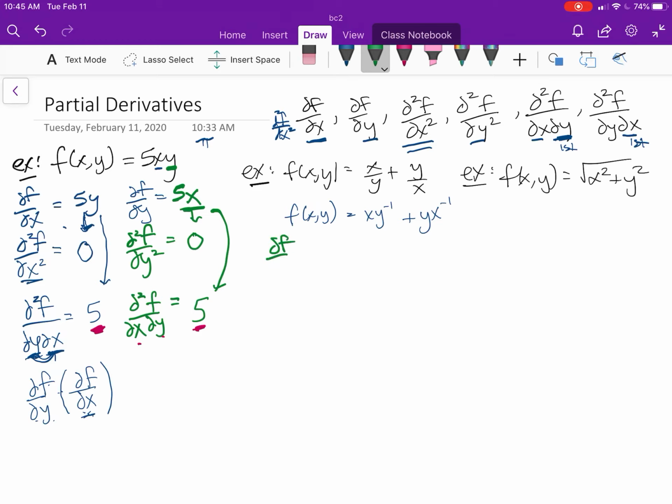We'll do partial with respect to x. Okay, so x is the variable. The derivative of x is 1, so therefore I just get y to the -1. X is the variable, y is a constant. So the derivative of x to the -1 is -x, and then we subtract 1, right, to the -2. And we still had that y there.